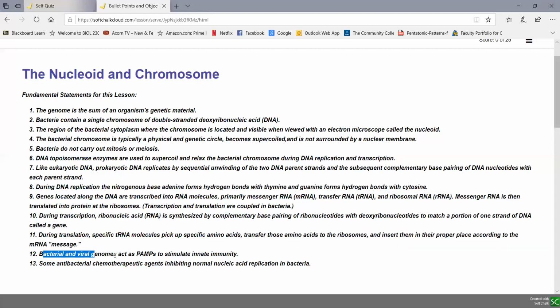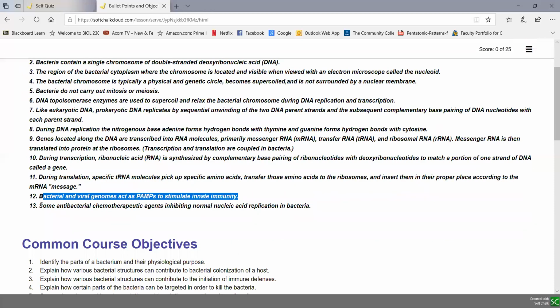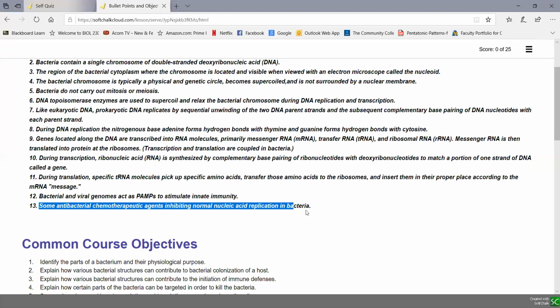Bacterial and viral genomes act as pathogen-associated molecular patterns, or PAMPs, to stimulate innate immunity. And some antibacterial chemotherapeutic agents inhibit normal nucleic acid replication in bacteria.